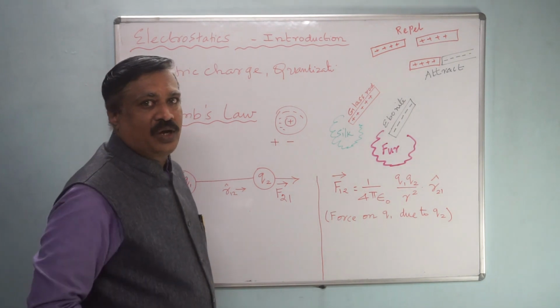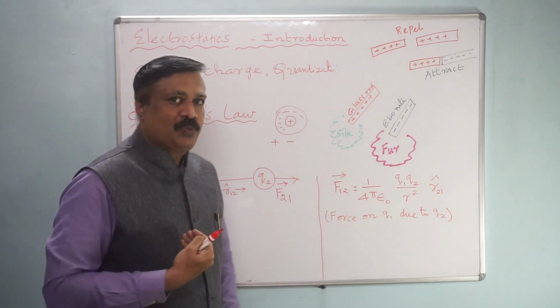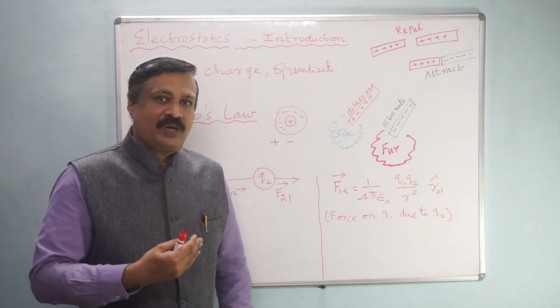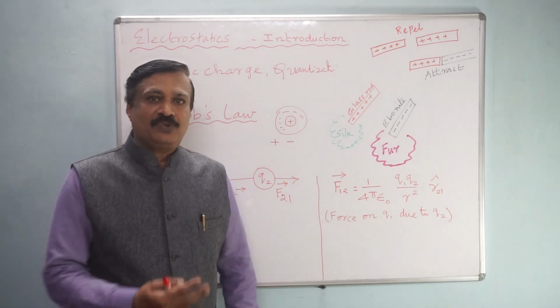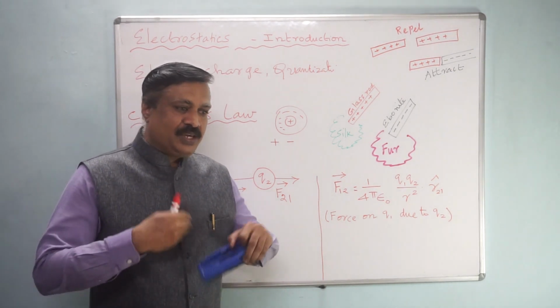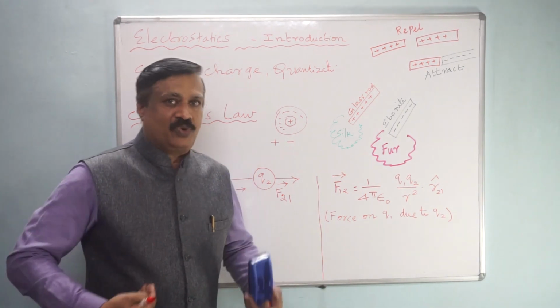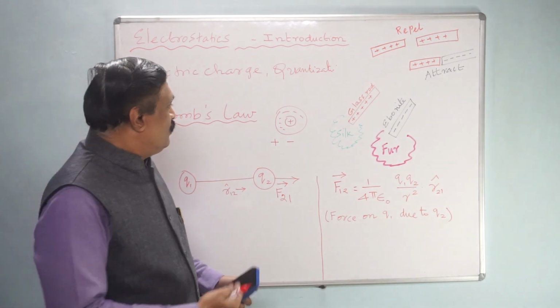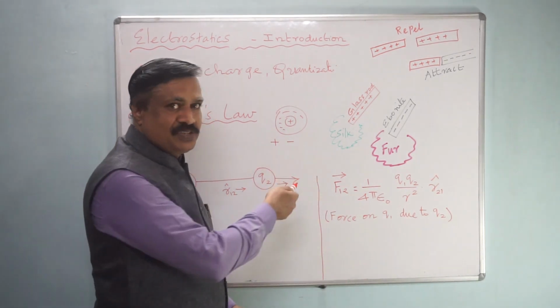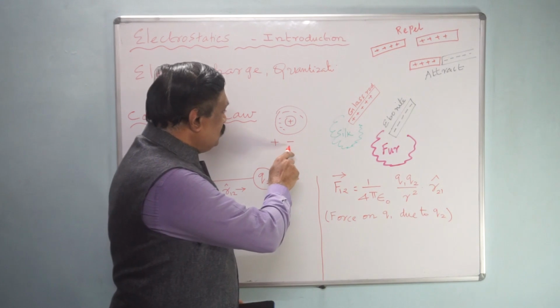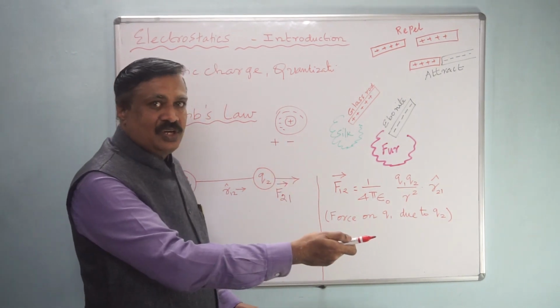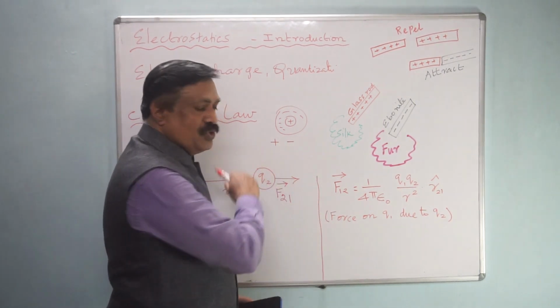Therefore, it is neutral. Just like I am having 1000 rupees in hand and I am having a 1000 rupee loan also. That means both are equal. If I give the loan, then I have no money. I am neutral. Just like that, positive is there, negative is there, and if electrons are moving away, negative is going, so it is positive now.